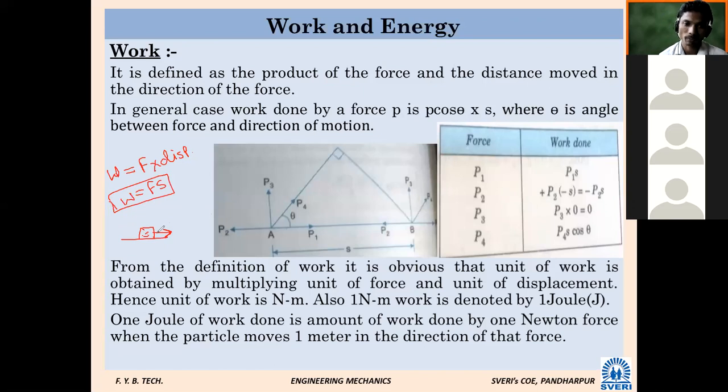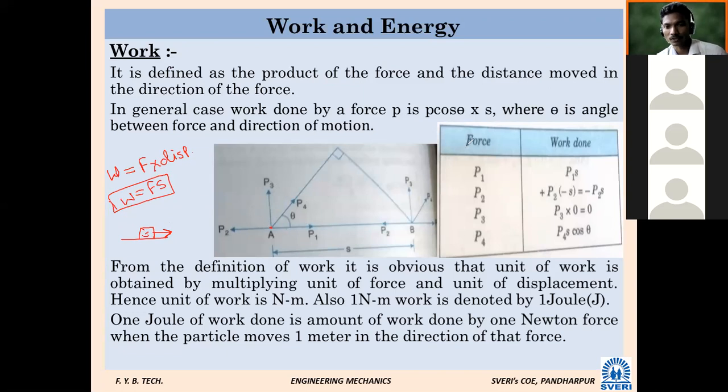So in the following figure, there is an object at point A, and 4 different forces are applied to the object placed at A: P1, P2, P3, and P4. P1 is a horizontal force, P4 is at an angle of theta, P3 is perpendicular, vertical I will say, and the P2 force is towards the left hand side.